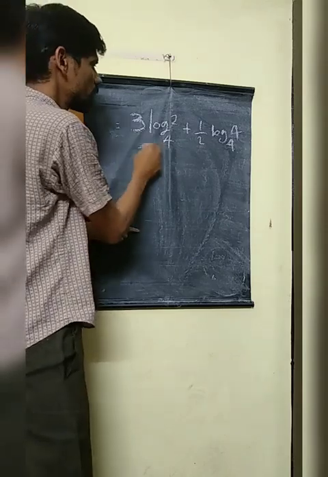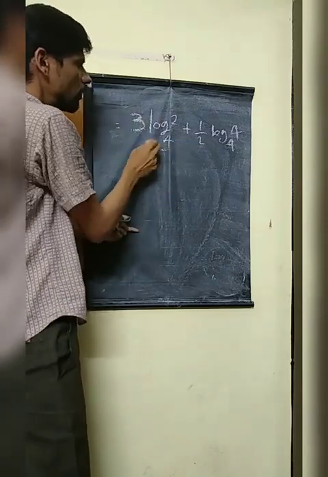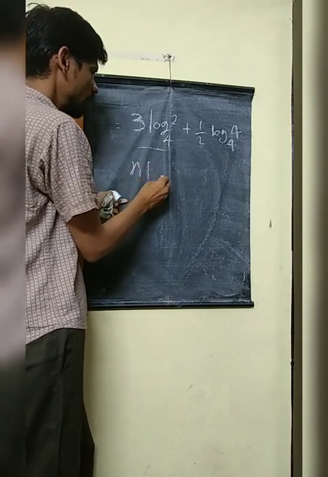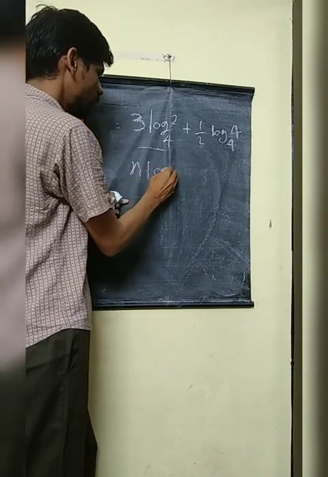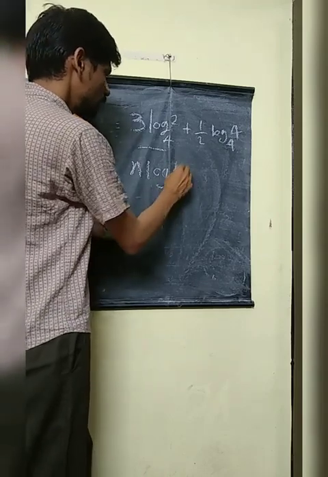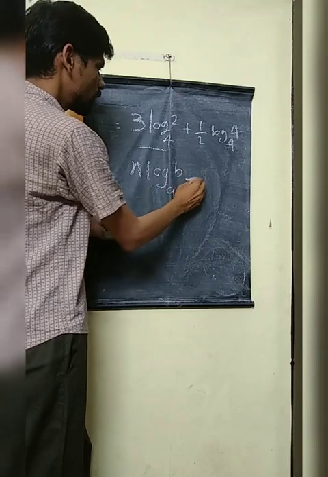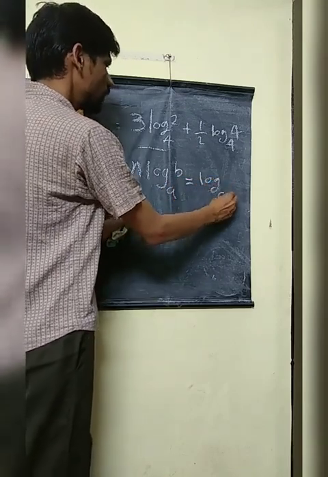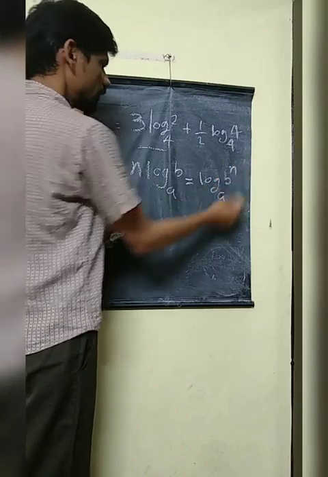When we have n log a b, this can be represented in a different format: log of b power n, right?